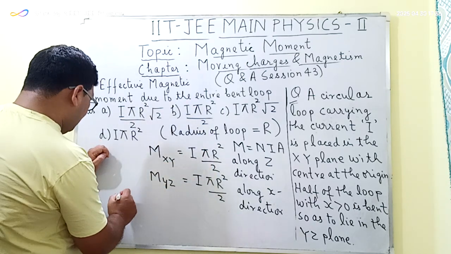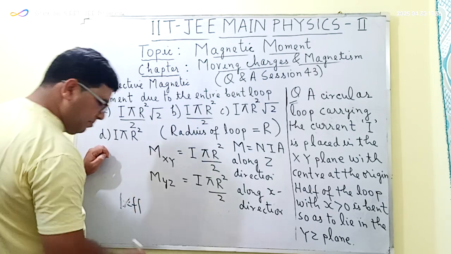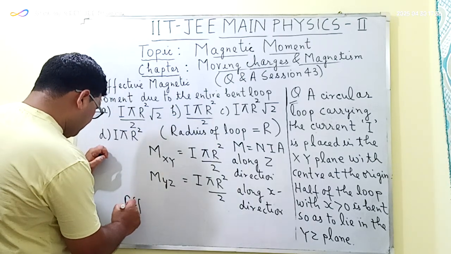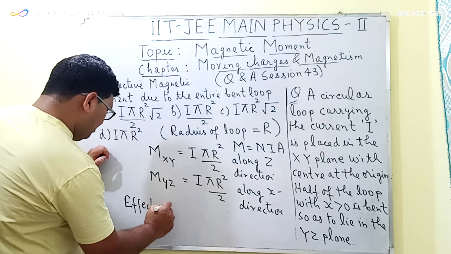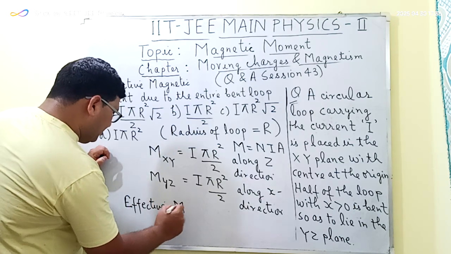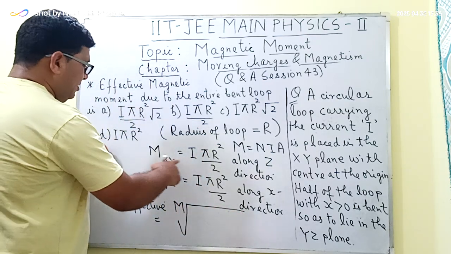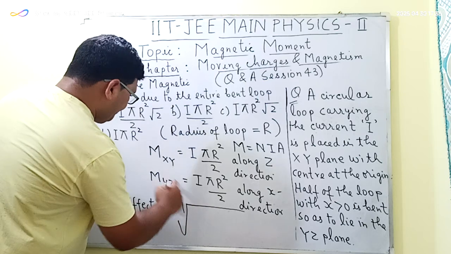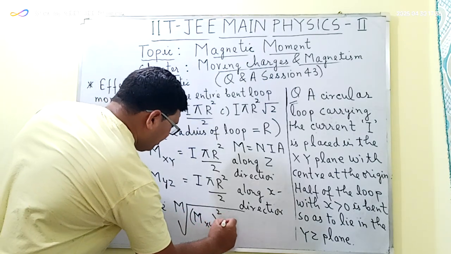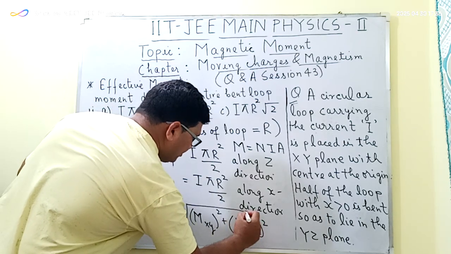So the effective magnetic moment will be equal to the square root of m xy whole square plus m yz whole square.